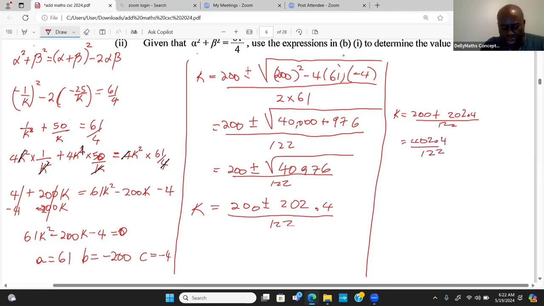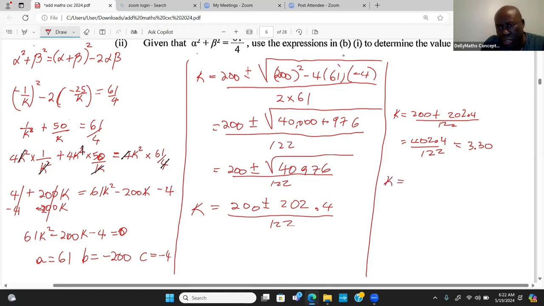So let's work on 402.4 divided by 122. We're going to get a 3 point, so this is giving me 3.3. So that's one value for k.